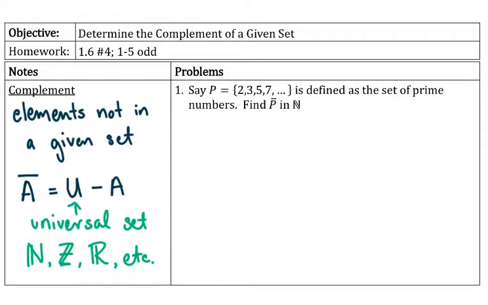Now, let's look at one such complement. Let's say that P is equal to 2, 3, 5, 7, etc., defined as the set of prime numbers. Find the complement of P in the natural numbers. The definition of the complement is the universal set, which in this case is the natural numbers, minus the set we're given.